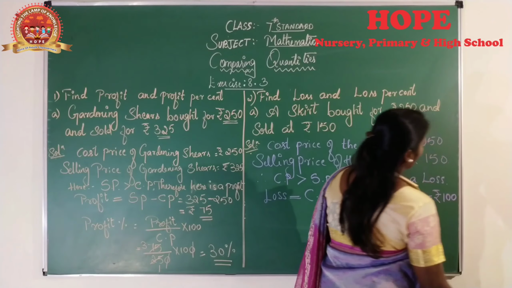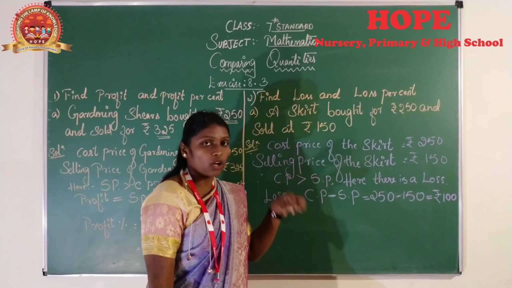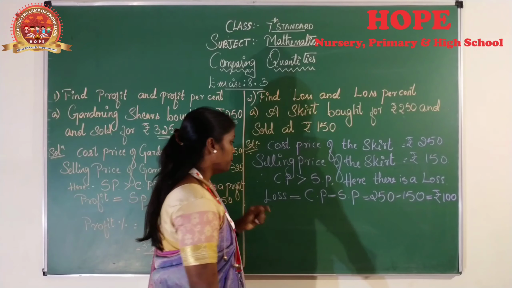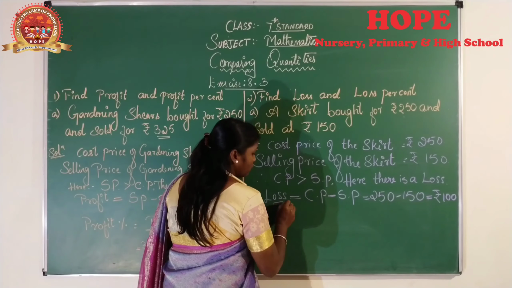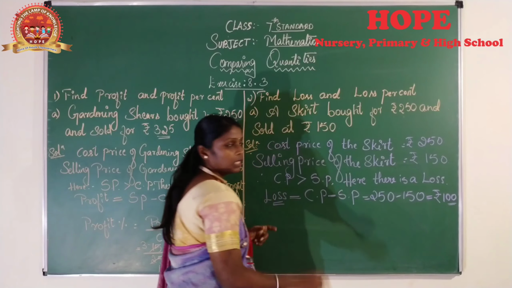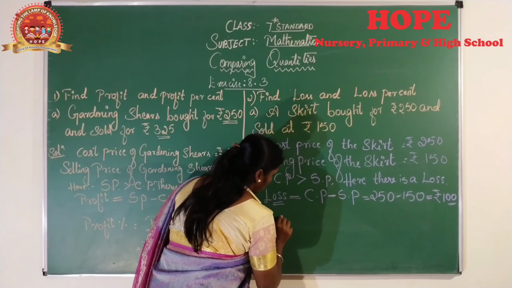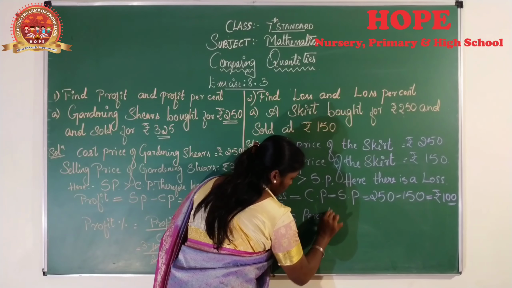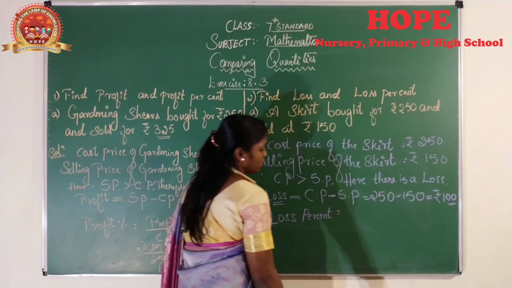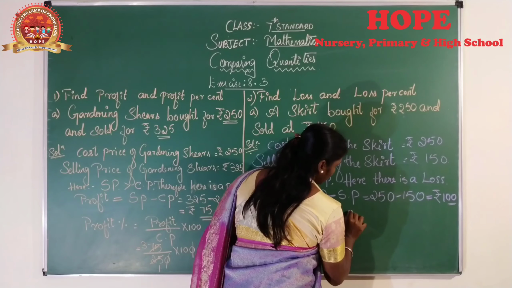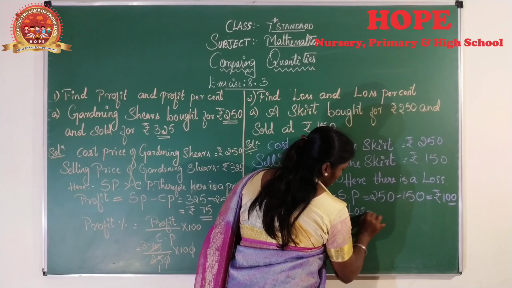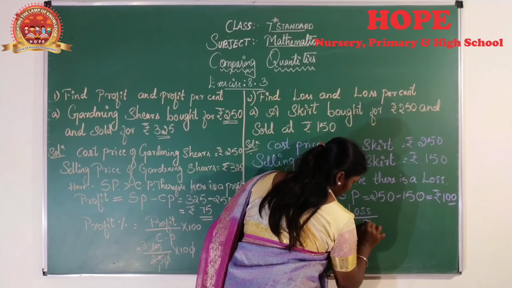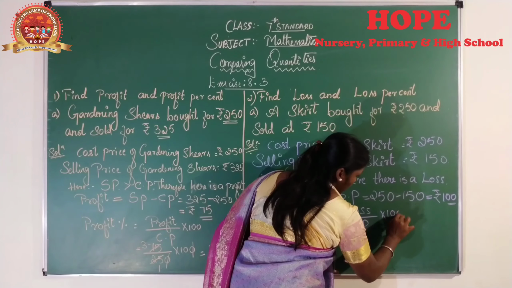She has sold that with a loss of 100 rupees. She has sold the skirt to some other person. So we know it in amount. To know that in percentage, loss percent is equal to loss, the amount she lost, divided by CP, the cost price, into 100.